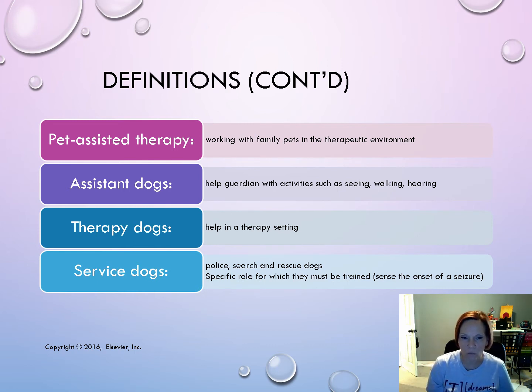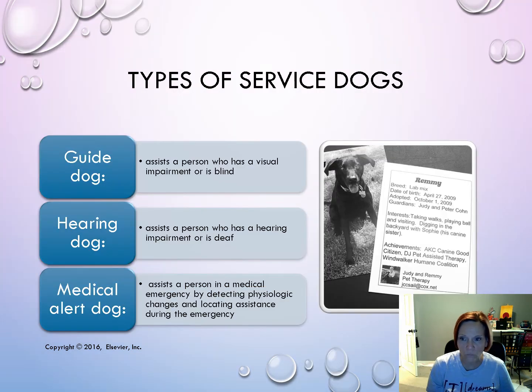I saw one where the lady was having a seizure and the dog literally got up under her to protect her head. A guide dog assists a person who has a visual impairment or is blind. The hearing dog assists a person who has a hearing impairment or is deaf. And then there are medical alert dogs, which assist a person in a medical emergency by detecting physiologic changes and locating assistance during the emergency.